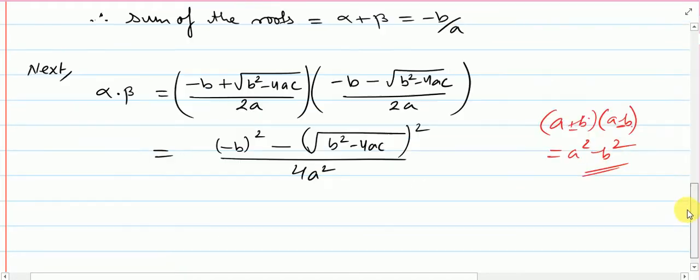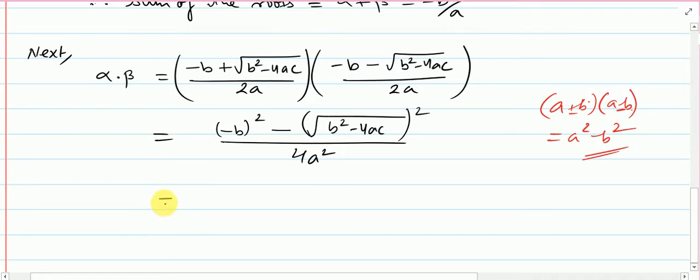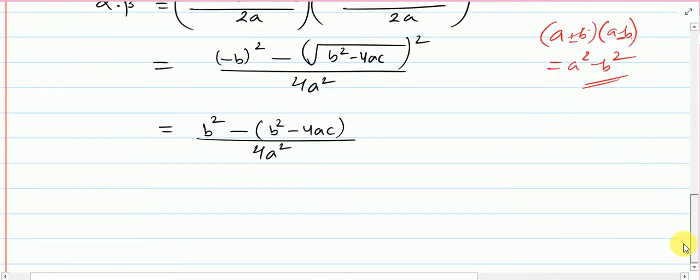Okay, so you get b square, and here b square minus 4ac by 4a square. Open the bracket, b square and here minus b square cancel, minus into minus plus, so you get 4ac and here 4a square. This becomes c by a.